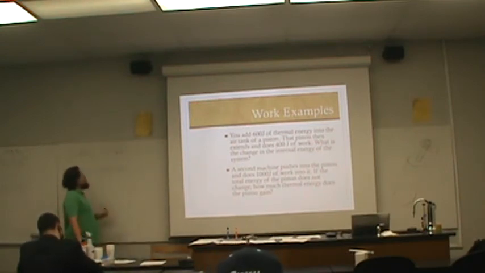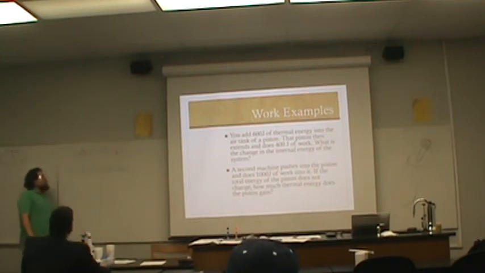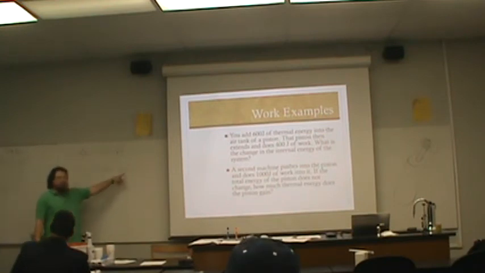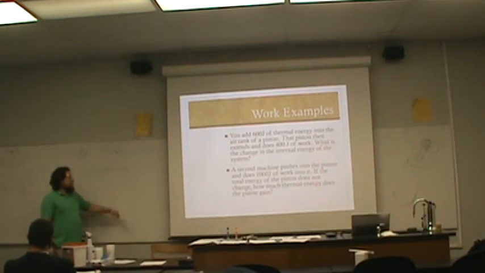And so we're adding thermal energy, plugging in a positive Q. Since the system is doing work, this is the work the system does, so also plug in a positive number. Now what this means is, you want this machine to do a task, and it does 400 joules worth of task. But you gave it 600 joules worth of energy. You gave it 600, but it only did 400.